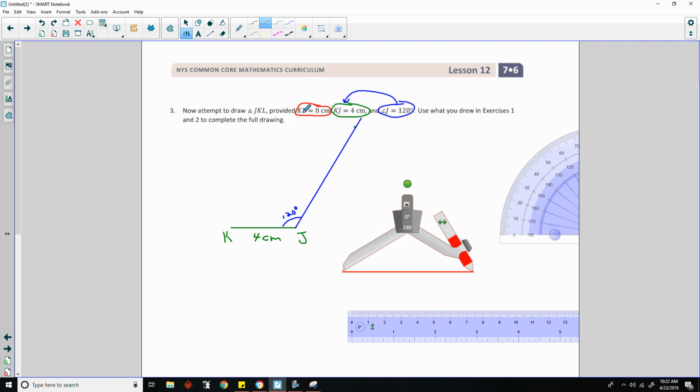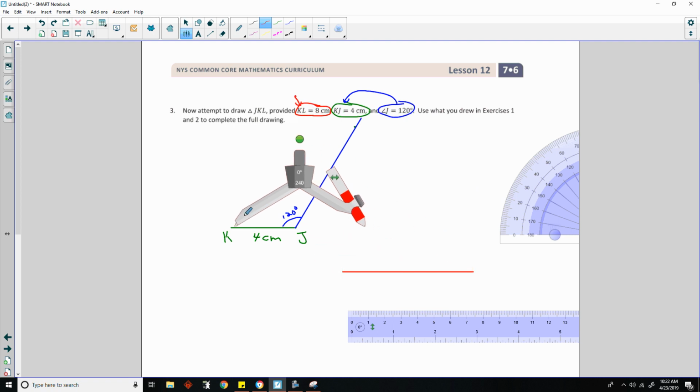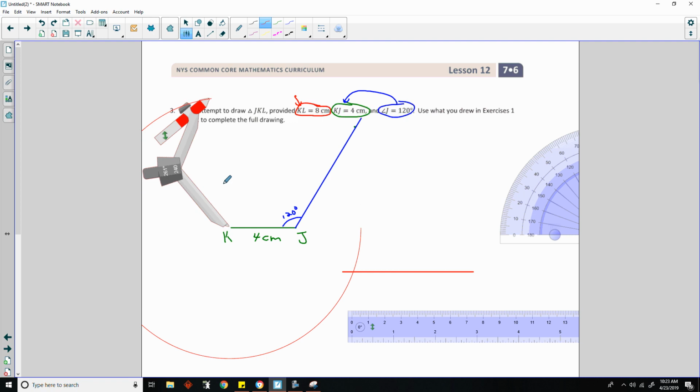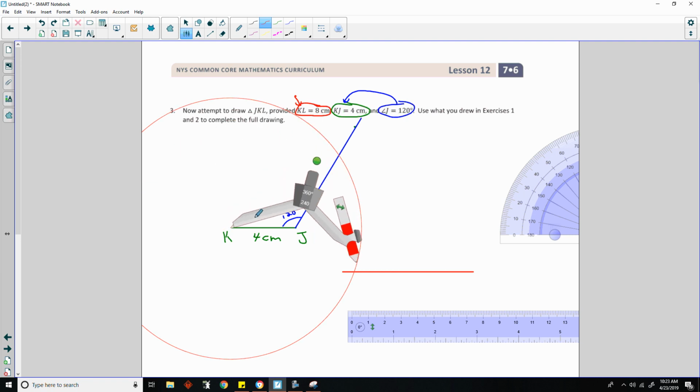Well, I want side length KL. I don't have L, I have K. So I know where K is, I've got to find L. So I'll put this point on K, like so, and then draw a circle around and find where it intersected. And just like the 90-degree angle, there is only one intersection right there.